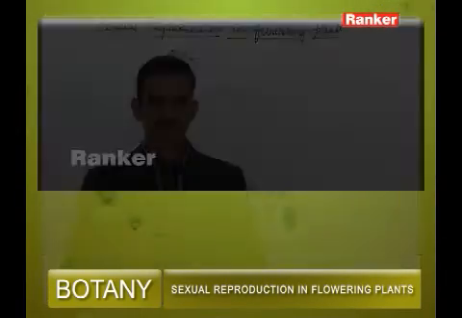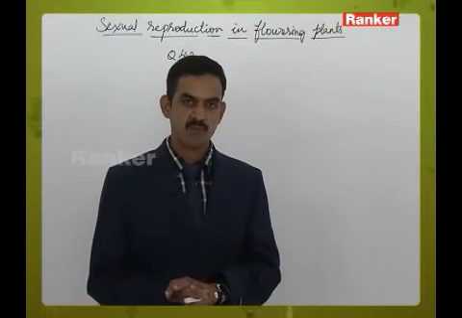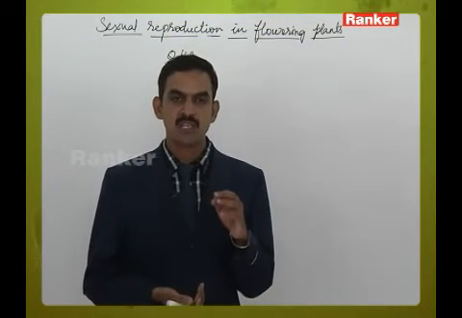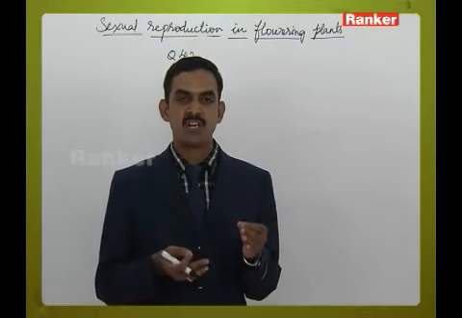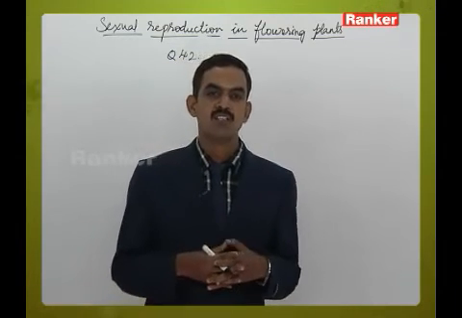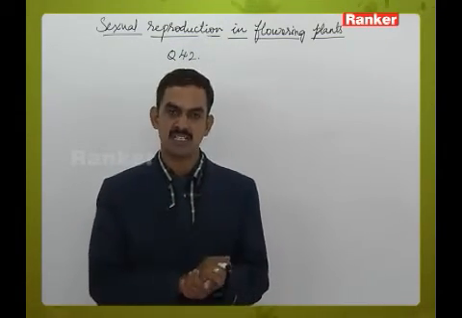Question number 42, assertion, in black pepper and beet, the seed is occupied by perisperm. Reason, seeds of black pepper and beet show persistent remnants of nucellus. Okay, here in black pepper and beet, there is one special feature that the nucellus is left out in a ripened seed. That left out remnant nucellus is called perisperm, which occupies the majority of the seed.